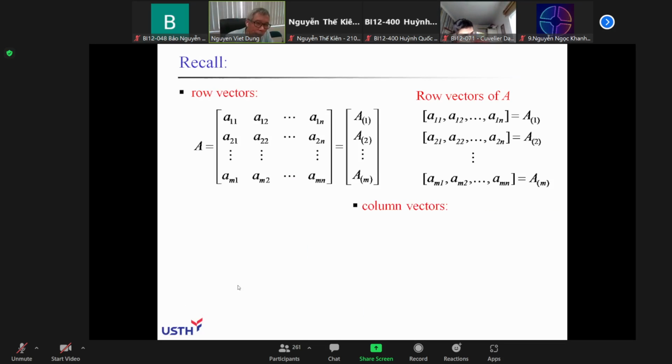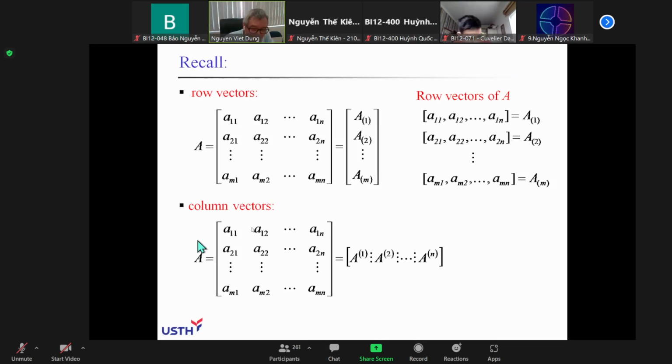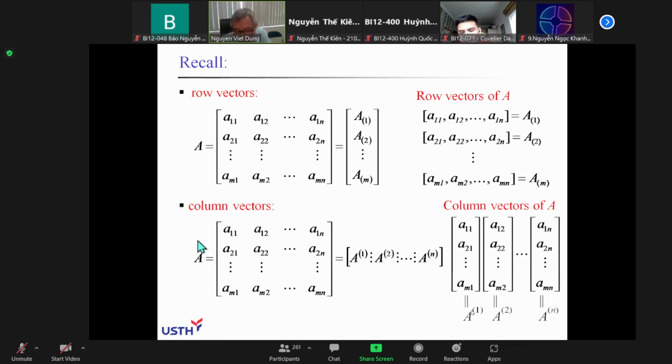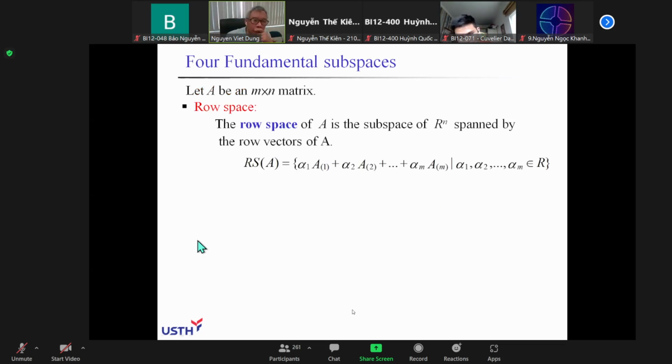Similarly, we can define the column vectors of A. It means we divide A into columns A1, A2, up to An, like that. We write it in columns like this.